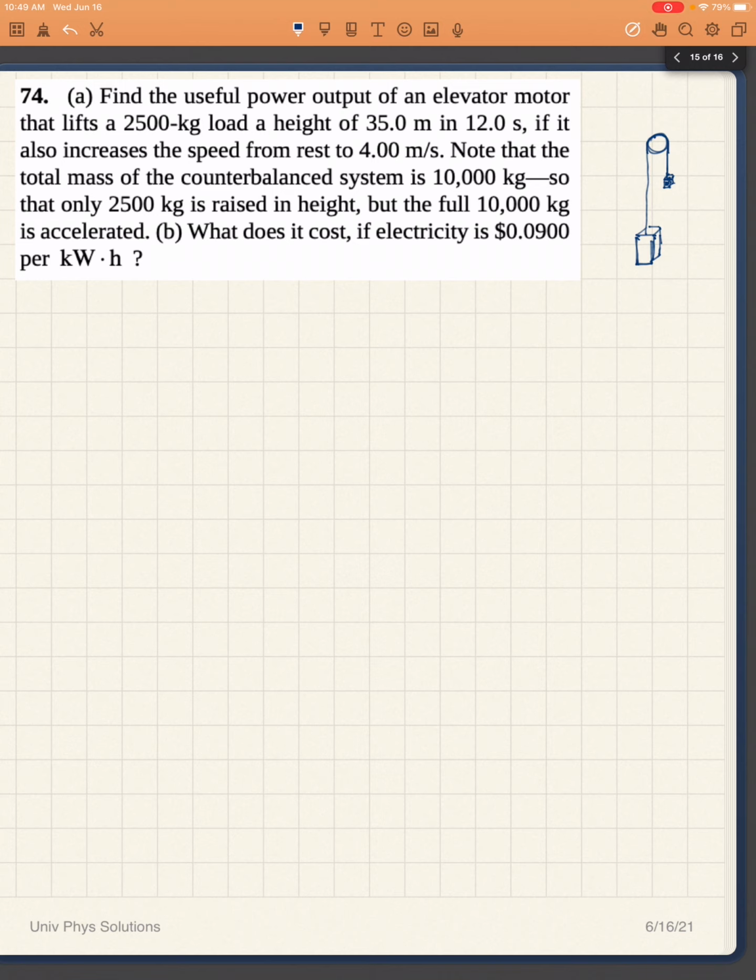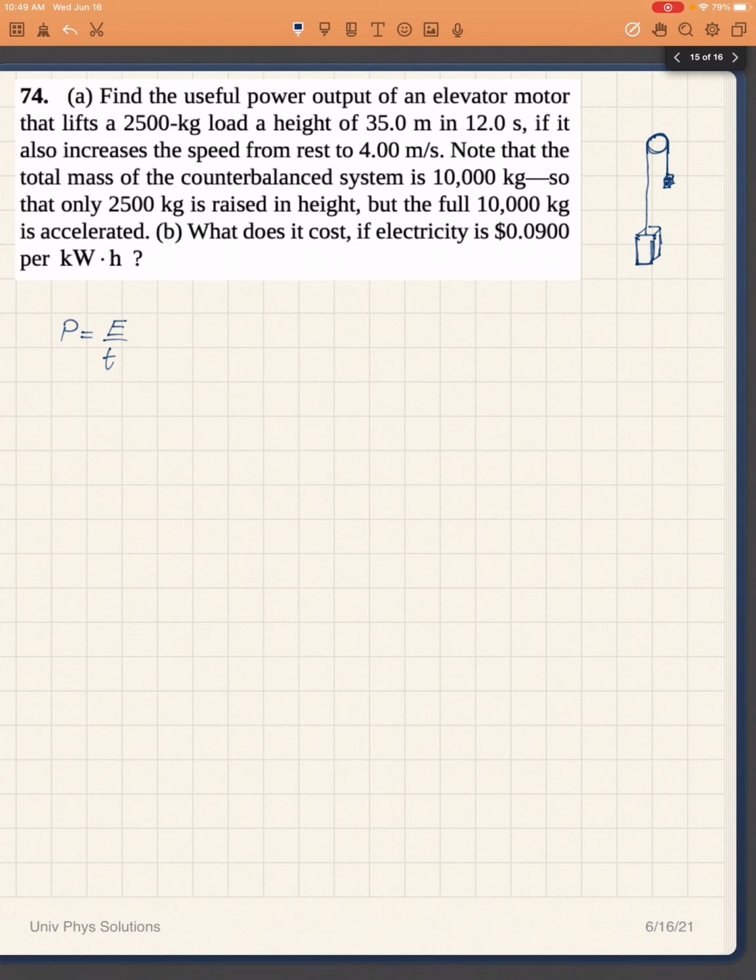So the power is the rate of change of energy. And here we're going to be finding really the average power. Now, what is the change of energy?